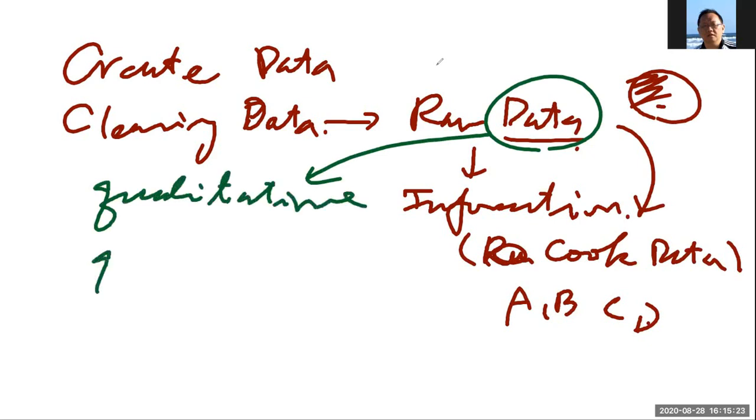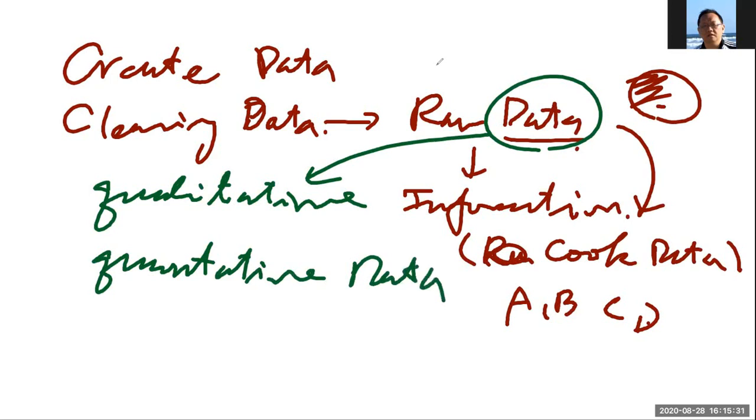The other kind is called quantitative data. Okay, so something like A, B, C, D, I would say this is actually some sort of quantitative data. It's quantitative data. And what is qualitative data?